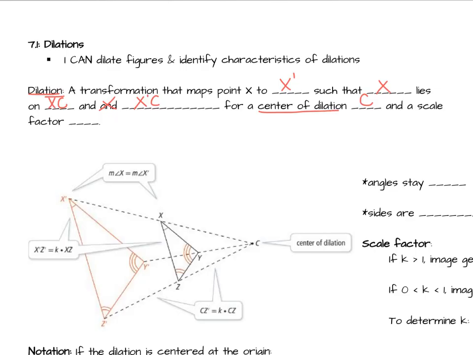And the scale factor is going to be known as lowercase k. So there's some pretty specific things here. We've got x, x prime, center of dilation point C, and scale factor k.